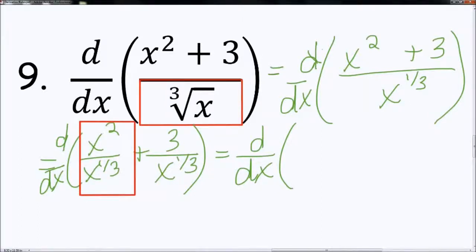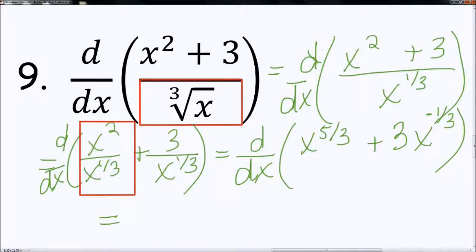So 2 minus 1/3, well, that's 6/3 minus 1/3, which would give me 5/3, plus, and then I just move my exponent to the top, so this will be negative 1/3. And that would be equal to 5/3 x to the 2/3 minus x to the negative 4/3.